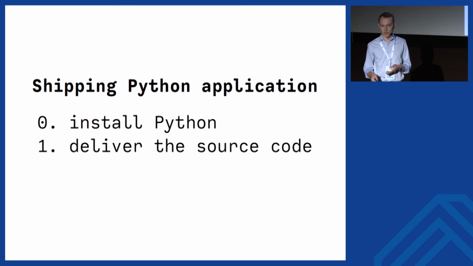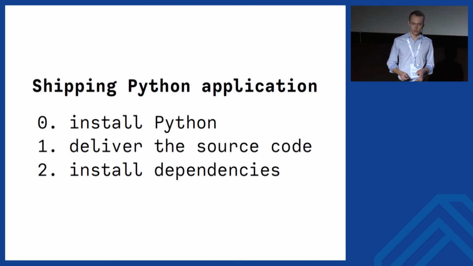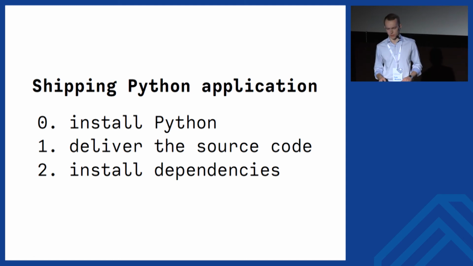You don't have to compile anything. You just get the files and that's it. And you have to install dependencies, if there are any, and that's it. You get the source code, you install dependencies, you can run your program. So theoretically, delivering code in Python is really simple.